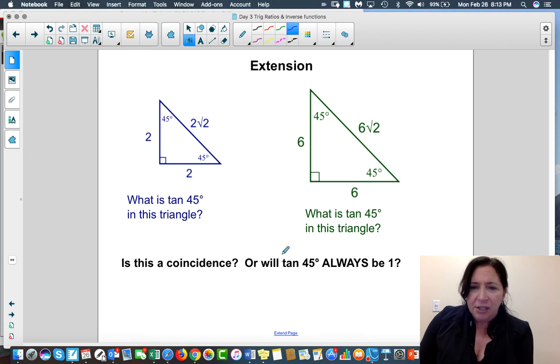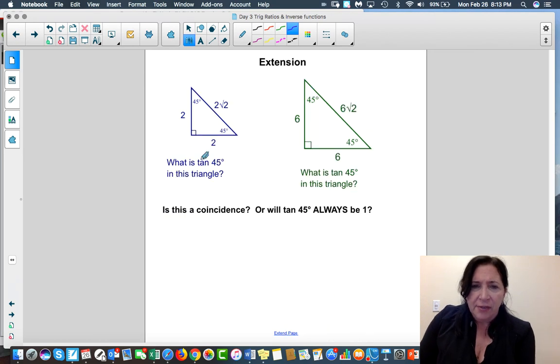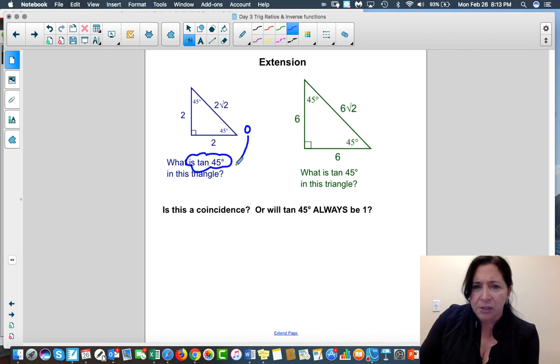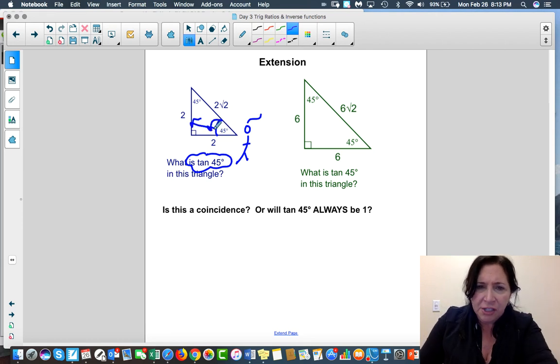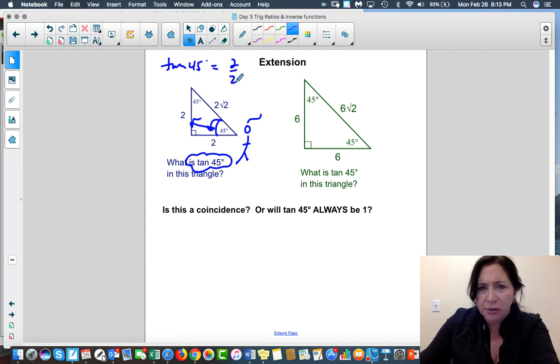An extension for this one right here is I want to know tangent of 45 degrees. Well, again, put yourself here. There you are, 45 degrees. Tangent is going to be opposite over adjacent. So tangent of 45 degrees is equal to 2 over 2.